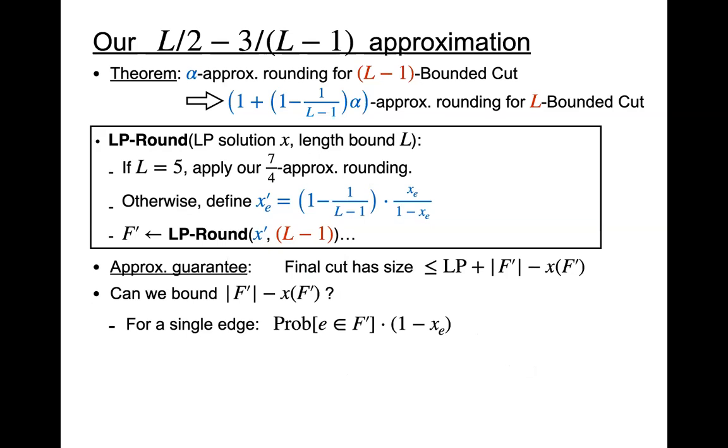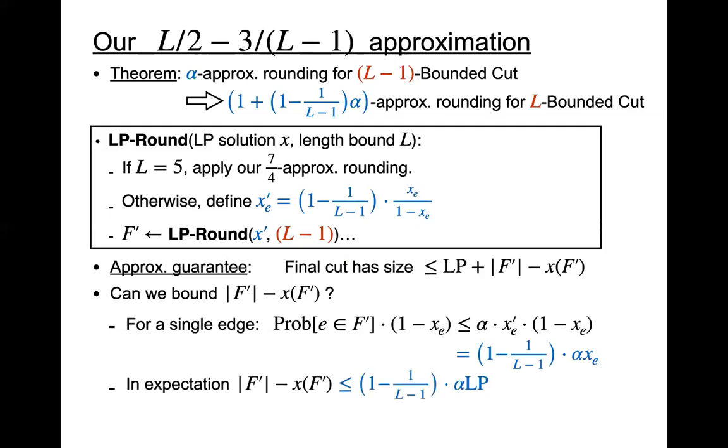And if we assume that our recursive rounding is an alpha approximation for L-1 bounded cut, then this is at most alpha times x_e prime times 1 minus x_e, because a recursive call uses x prime, not x, as the LP assignment. And if we plug in the definition of x prime, then this is the expression we get, which now has x instead of x prime.